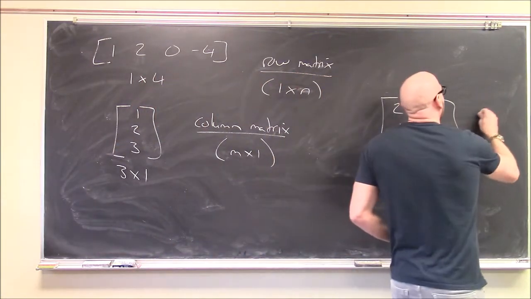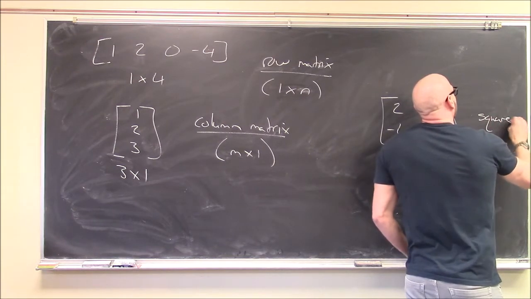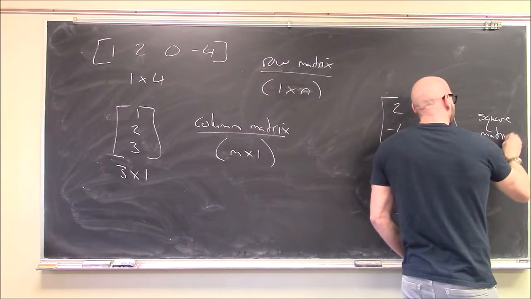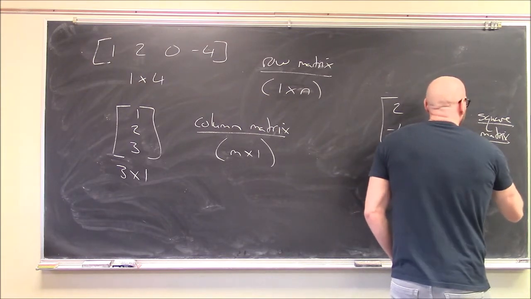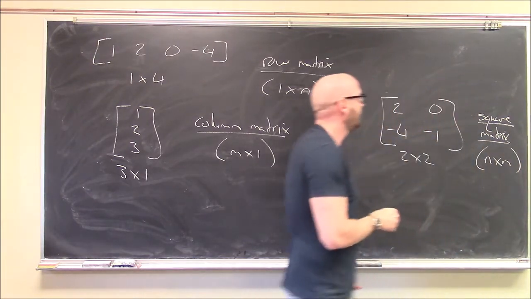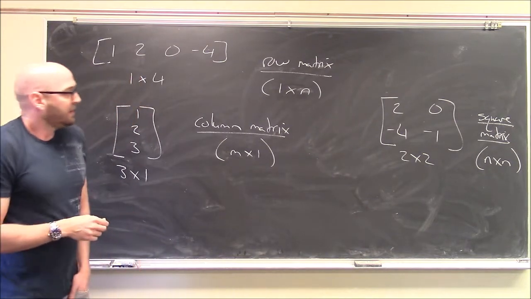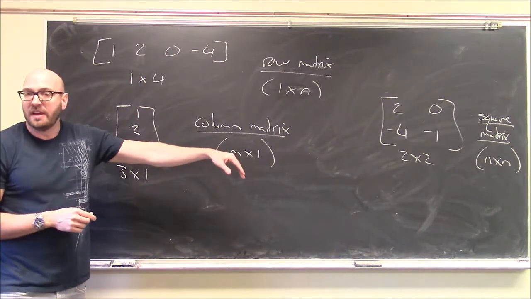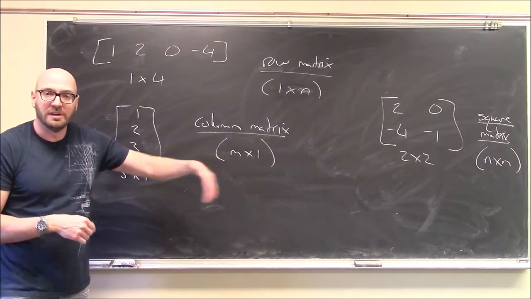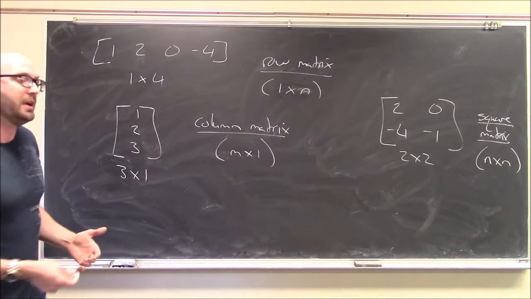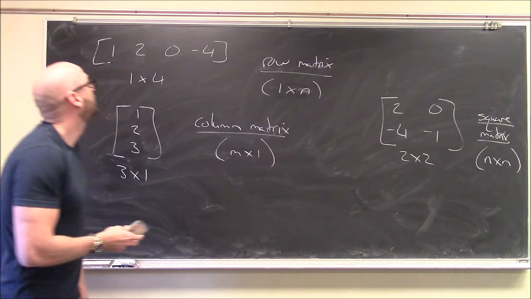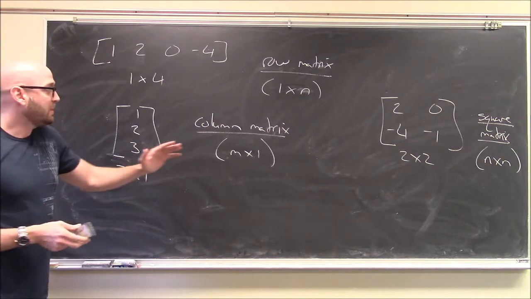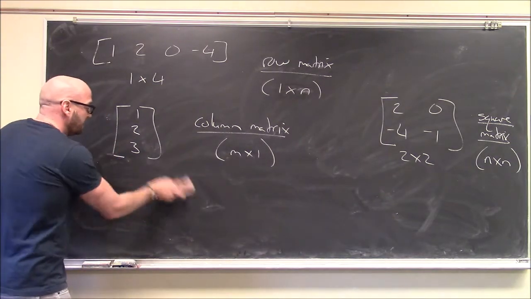So this is a square matrix, n by n. The second of the first two examples I had on the board was 3 by 3, so that's also a square matrix, anytime the number of columns and rows have the same value. So anyway, just a little bit more terminology. Now I'll tell you why we're going to use matrices.